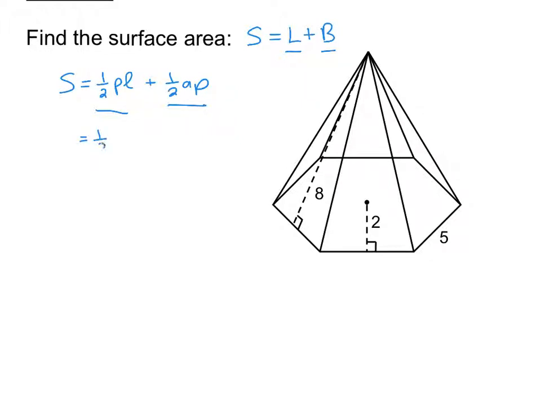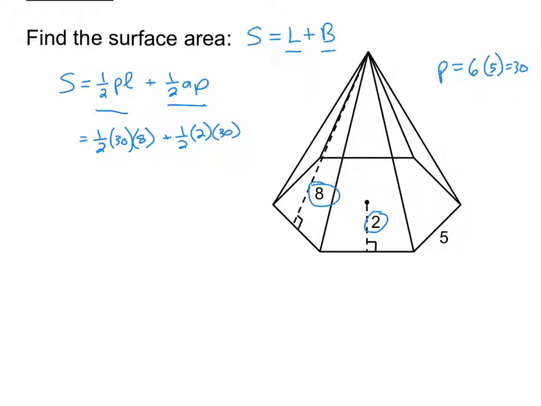I've got 1/2. Now I need the perimeter, so let's find the perimeter of the base. It's a hexagon, so there are 6 sides, and each one of those is 5 units, so the perimeter is 30. So I've got 1/2 times 30 times the slant height, which is 8, plus 1/2 times the apothem, which we can see from the drawing here is 2, times the perimeter, which we've already calculated, which is 30.